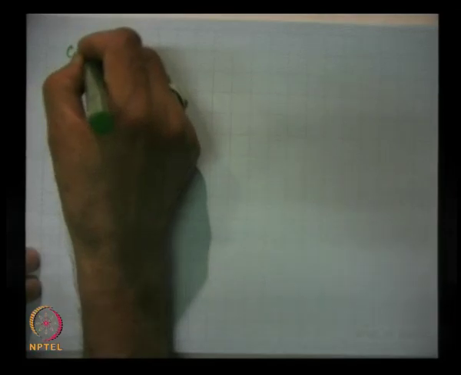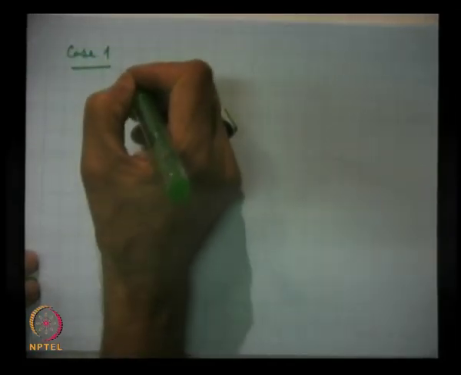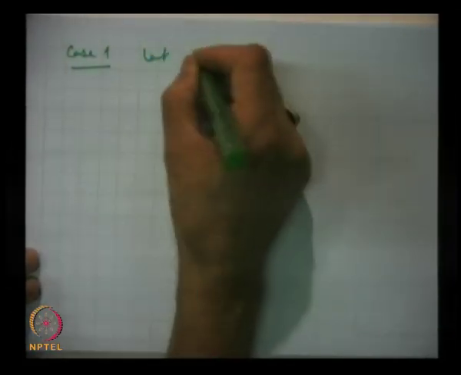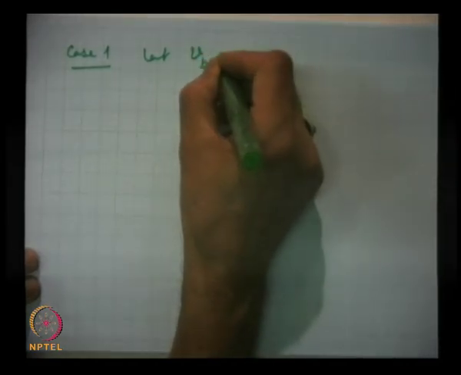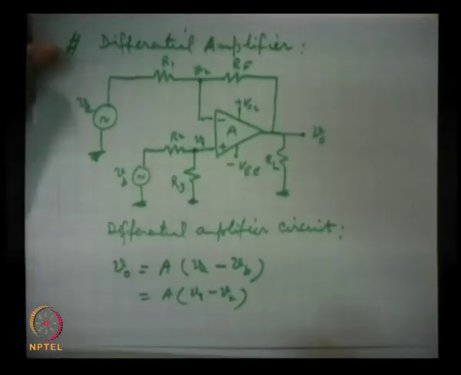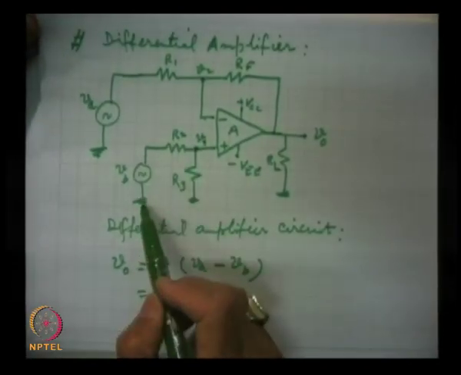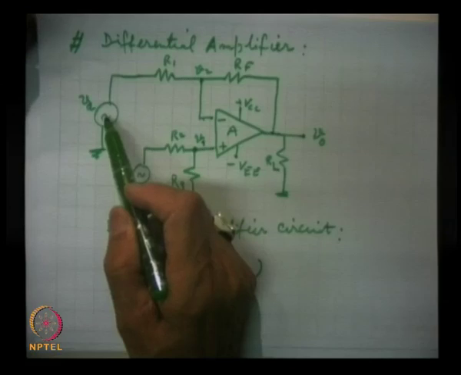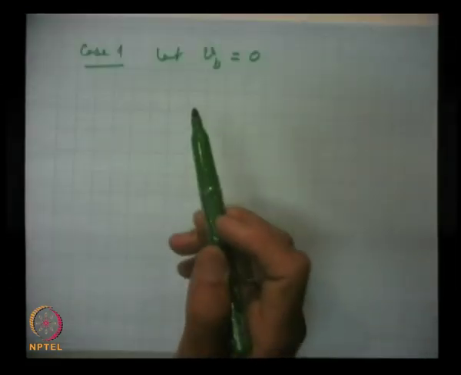Let us take case 1, and case 1 is let VB be grounded. This is grounded, and we are investigating the output because of VA.